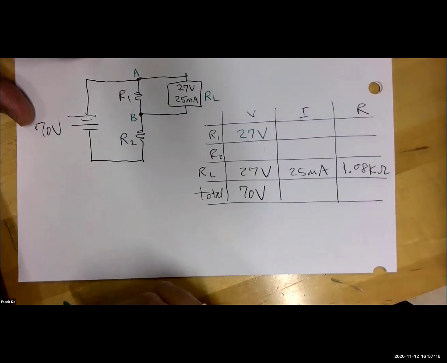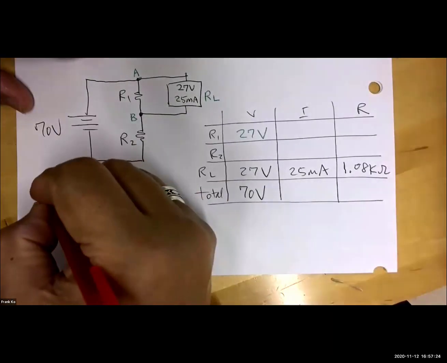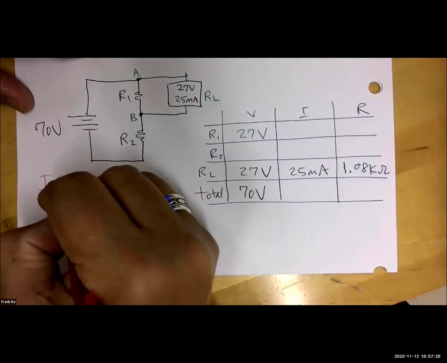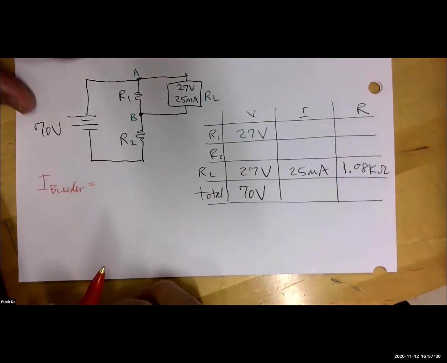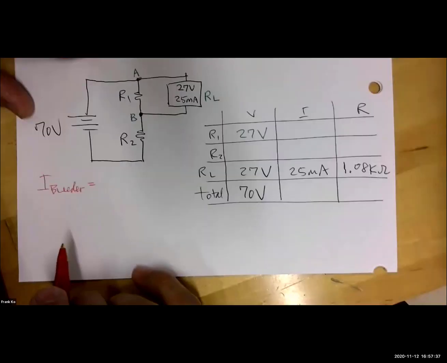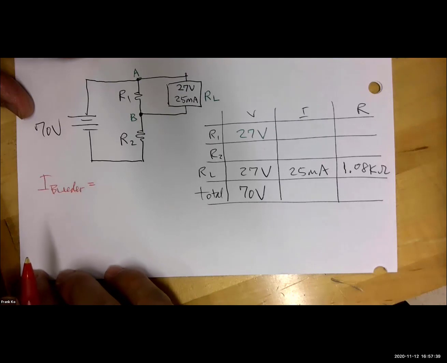So Yusuf, what would you find out next? We're going to do our bleeder resistor step. So your I bleeder. How do we find I bleeder? It's R1 because it's in parallel with our load. So how do I find the value of this current?